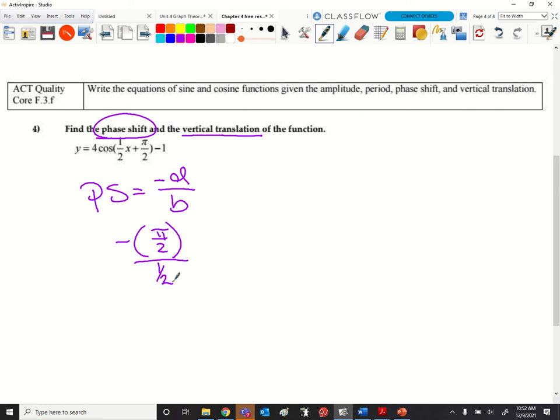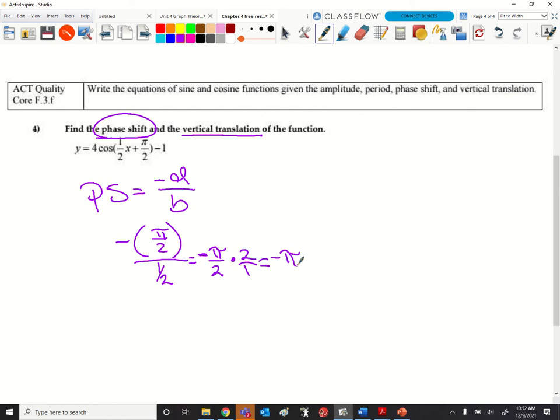So again, fraction over fraction, I have to multiply by the reciprocal. Negative pi over 2 times the reciprocal of this, which is 2 over 1. What's going to happen to those 2s? Cancel. And I'm left with an answer of pi. Close, 2 pi? No. Negative pi? Negative pi, very good, negative pi. Can't forget that negative because that's going to be key right there. Make sure you don't forget your negatives.